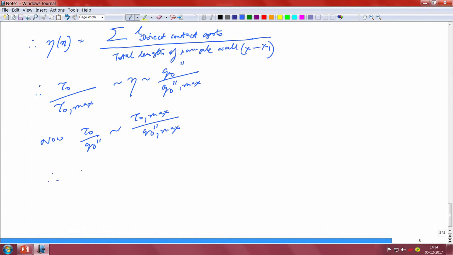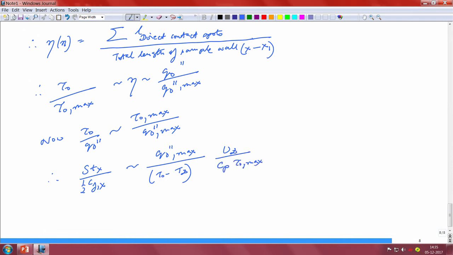This we already know, this is of course Stanton number divided by half of Cfx. So, this actually then varies as q double prime max divided by T naught minus T infinity into u infinity divided by Cp tau naught max. What are the scales basically?